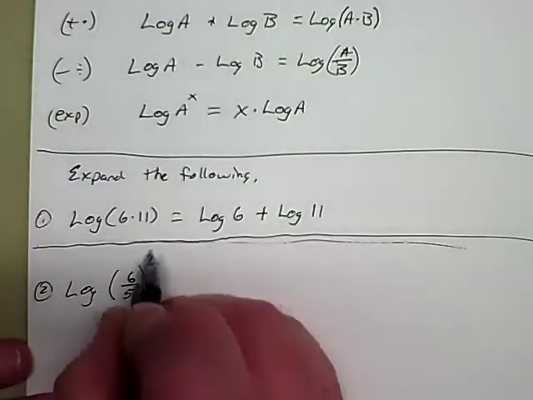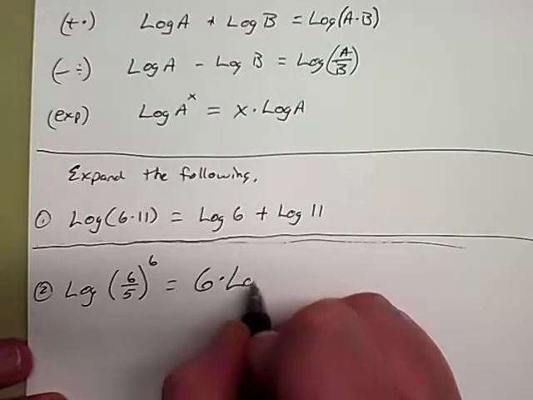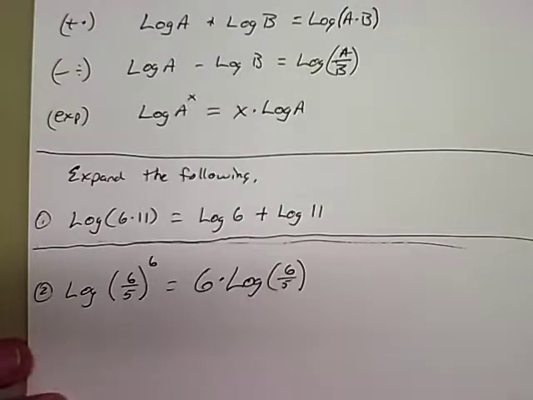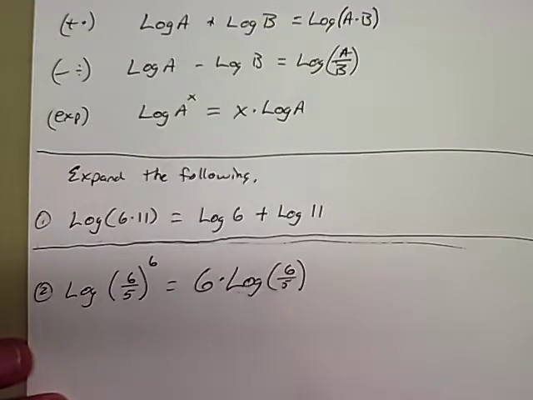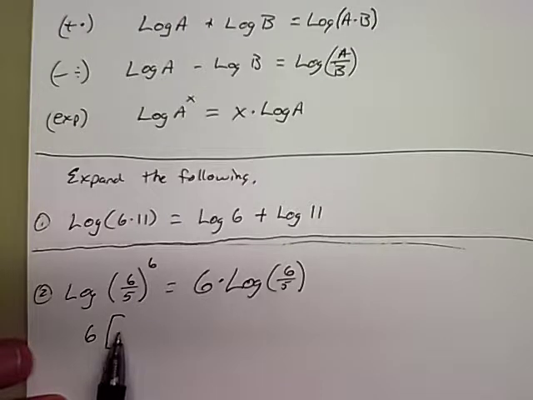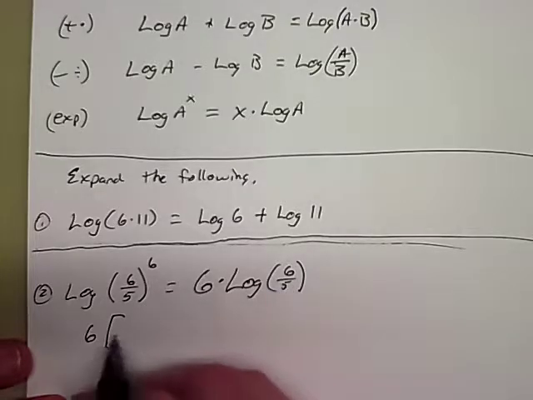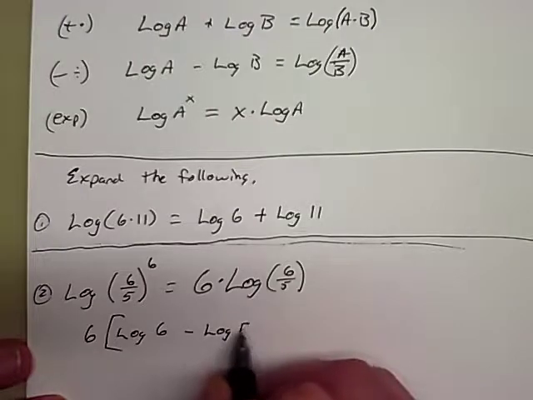So I'm going to take that 6 and move it out front, and I get 6 times the log of 6 over 5. Now I can expand the log of 6 over 5, but notice it's 6 times all of this. So I'll end up with 6 times, and I'm going to use brackets here instead of parentheses, but they have the same meaning, the log of 6 minus the log of 5.